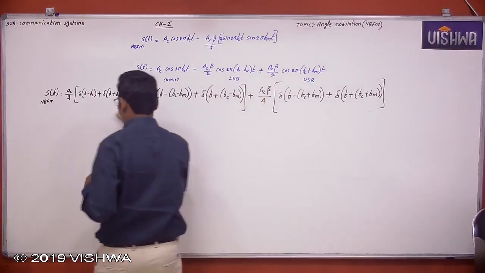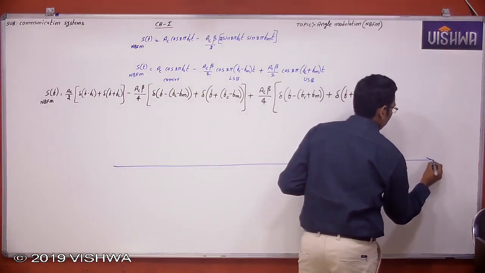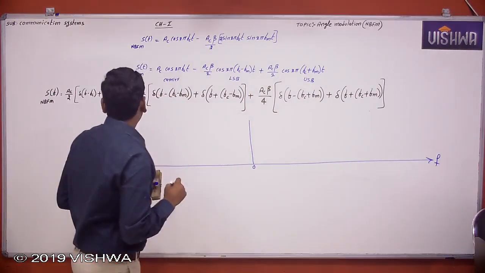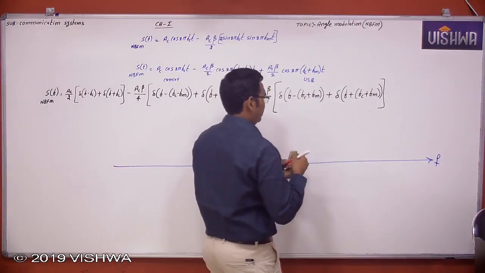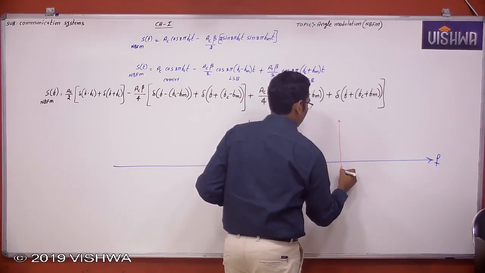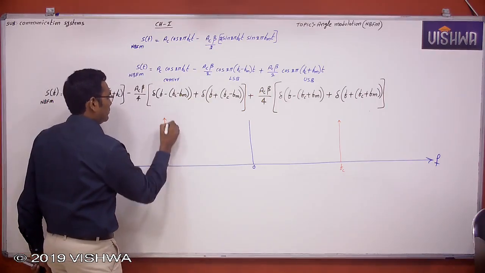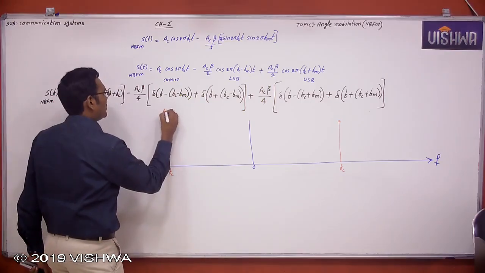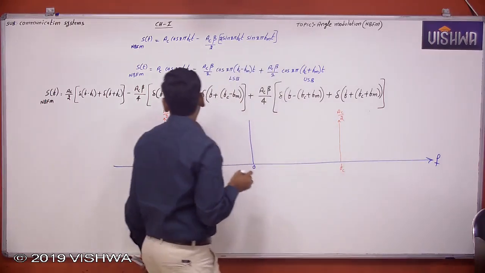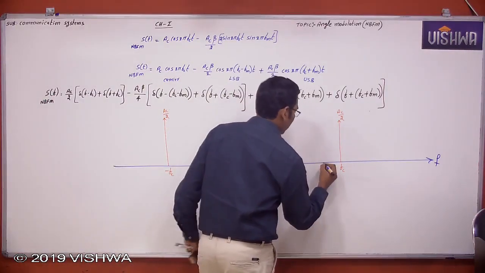Draw the spectrum. Now f equal to plus fc and f equal to minus fc, whose spectral amplitude is Ac by 2. Now f equal to fc minus fm, but there is a phase shift.